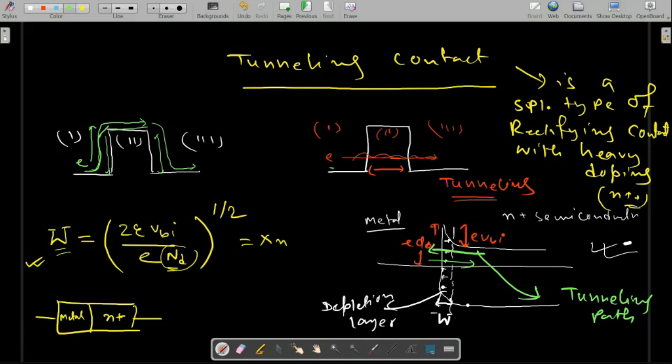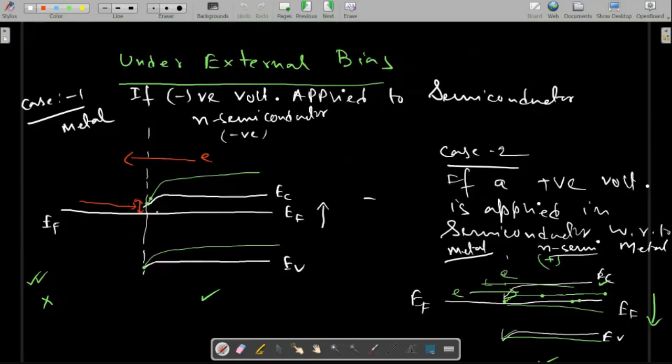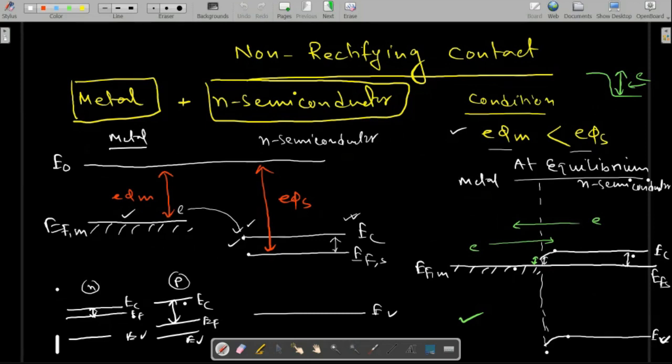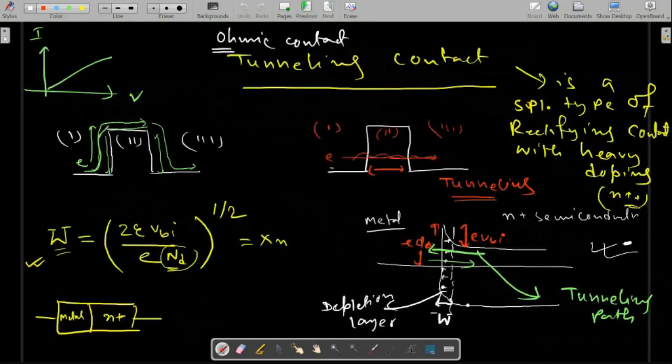So if I plot the voltage-current characteristics of this type of contact, it is something like this, almost a straight line. So this type of contact is also known as ohmic contact. Now see one interesting thing, ohmic contact we might get from non-rectifying contacts and also from tunneling.